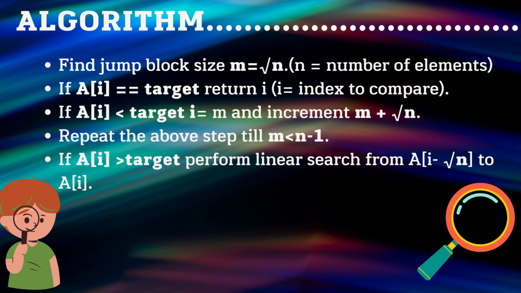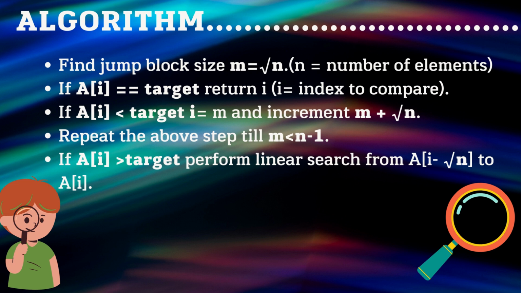Next, if A[i] is less than the target, then i will be equal to m, and increment m by m plus square root of n. So this just means that if the value is less than the target, then we will increment by m plus square root of n.